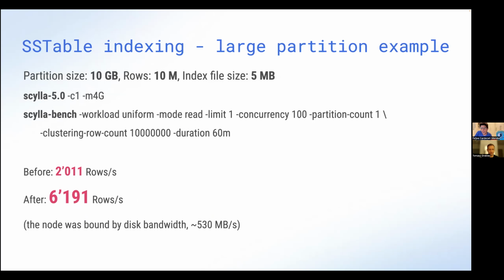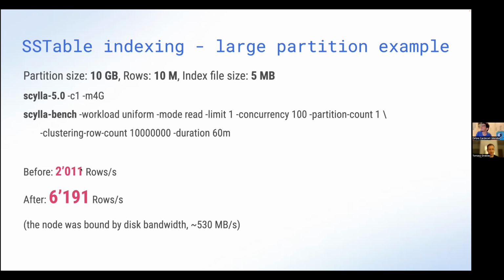One of the many benefits of SSTable index caching is that large partitions are no longer an issue in ScyllaDB. For example, this slide shows the measurements that Tomek did and presented back then at ScyllaDB Summit, before and after the optimization, with large partitions, directly reading cold data from disk. As we can see, the throughput more than tripled, which essentially made on-disk lookups even faster than before.